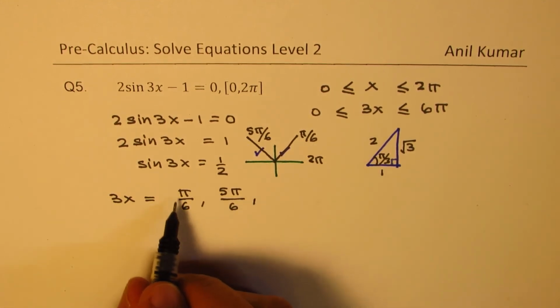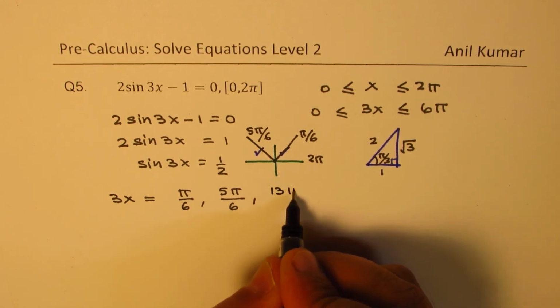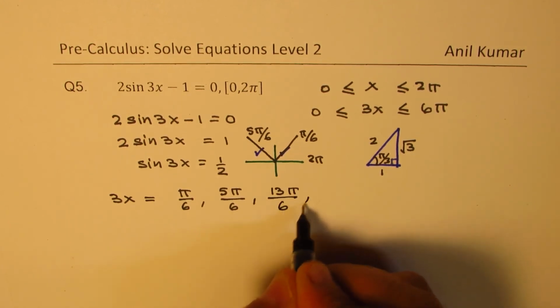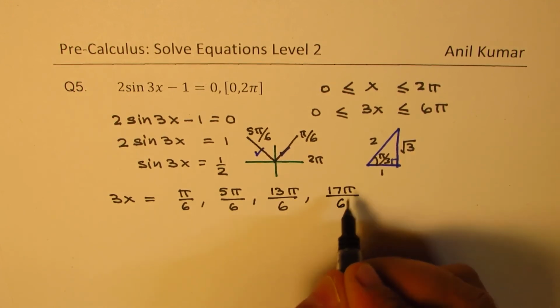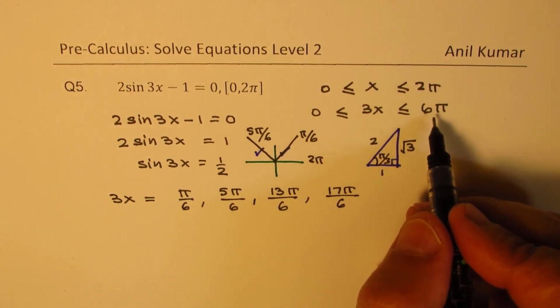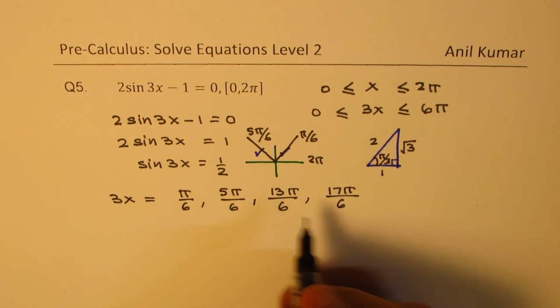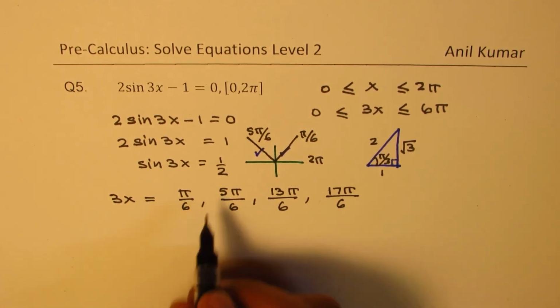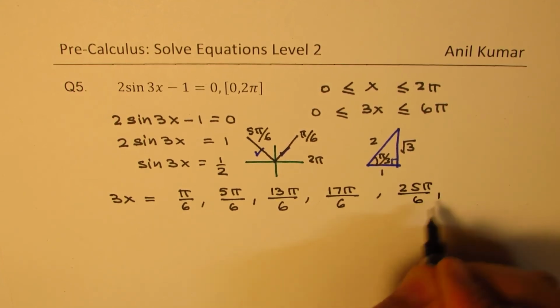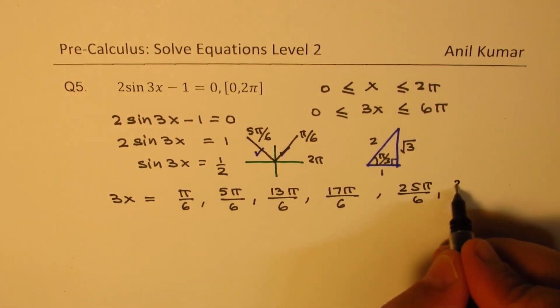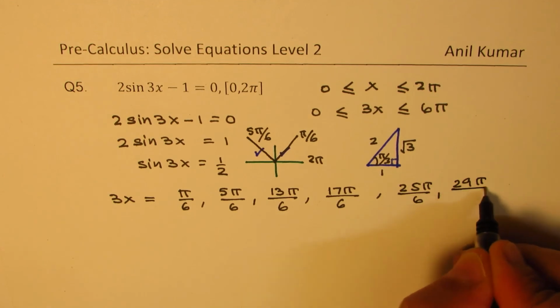So add 12 to these, so we get 13 pi by 6, and 12 to this, 17 pi by 6. So that means the second round, and now another round we have to go, right? So add 12 more, which is 24, so which is 25 pi by 6 and 29 pi by 6. Do you get the idea?